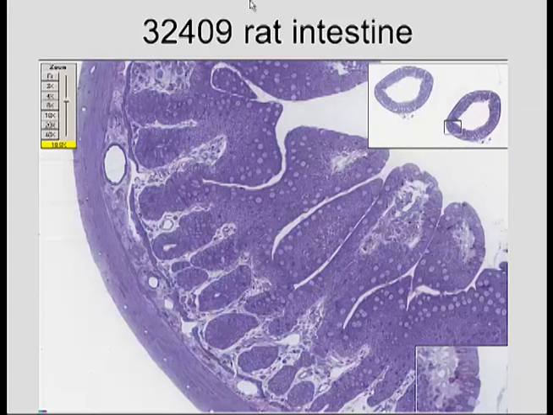This is another slide of rat intestine showing you the outer muscle wall, connective tissue there, and also we see a host of intestinal absorptive cells that are actually cut a little odd at this shape. They're cut along the height of the cell as opposed to along the length of a cell.